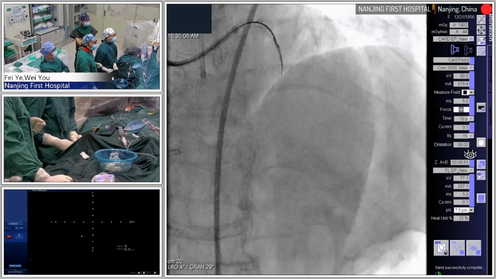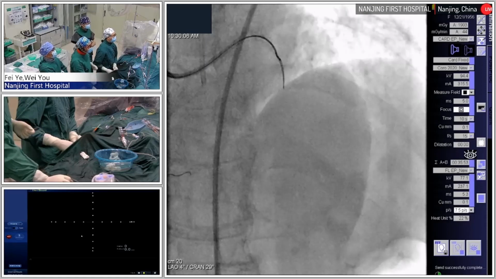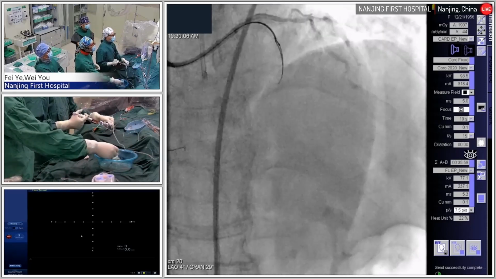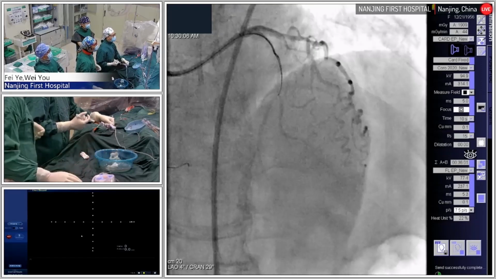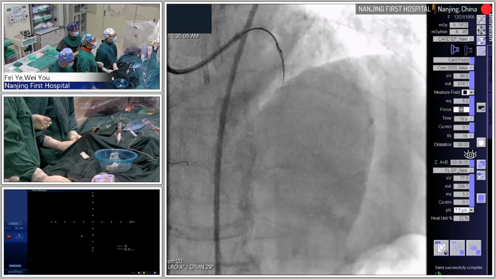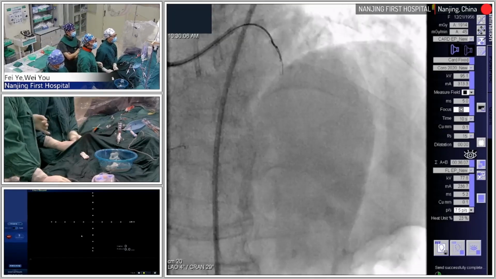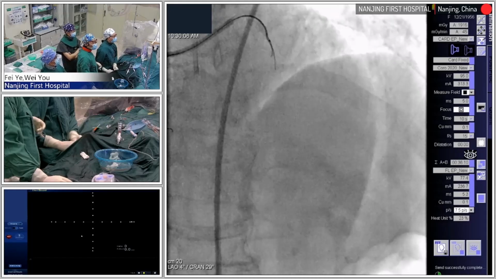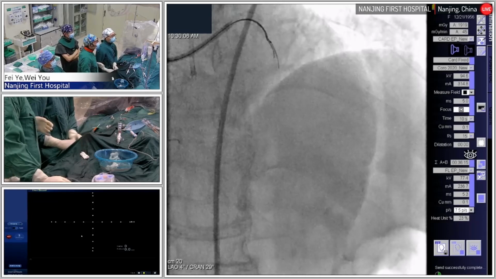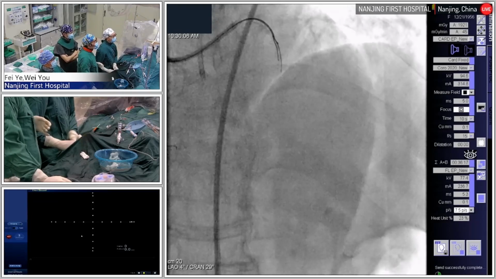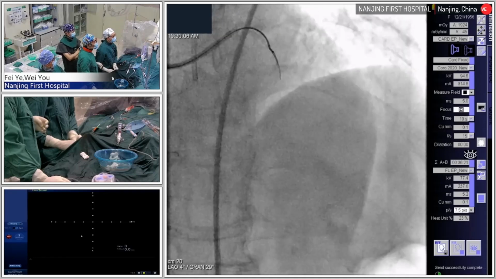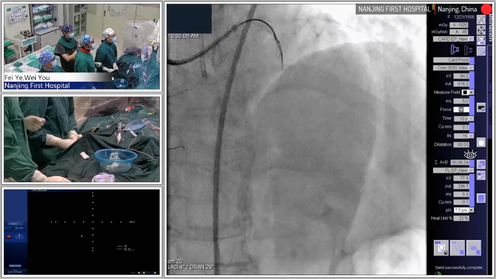So, Chief, if the antegrade wiring cannot work, maybe I want to try the retrograde way. How do you think? Yes, you can use the retrograde wire tactic. Yes, if you make a lot of hematoma during the antegrade tactic, you can start from the retrograde wire tactic.